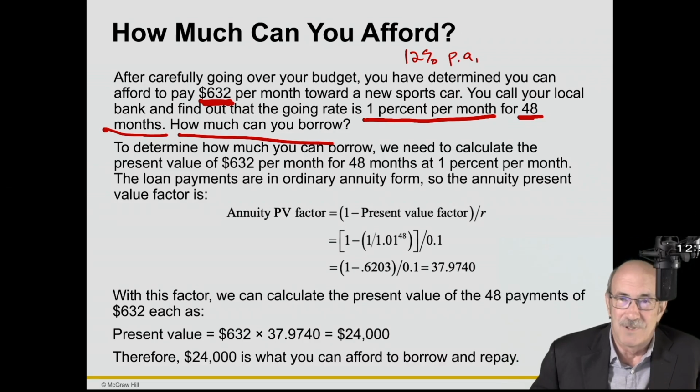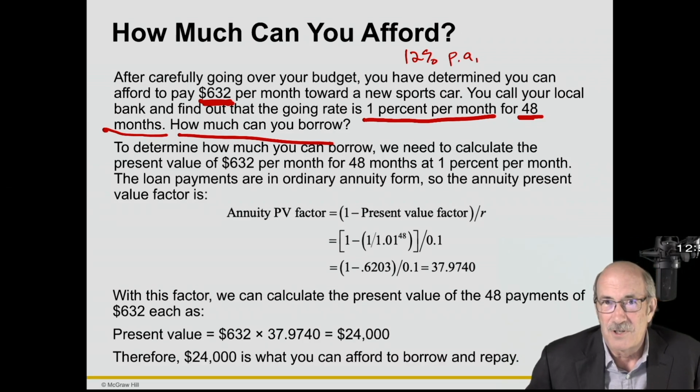Now, don't get me wrong. When the used car salesman or a new car salesman comes to you and says, tell me what you can afford and I'll get you into it, don't fall for that nonsense. This is not that. This is you sitting down with your budget and figuring out what it is that you can afford.